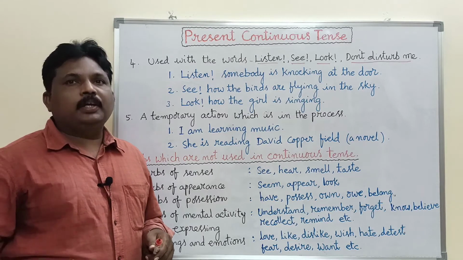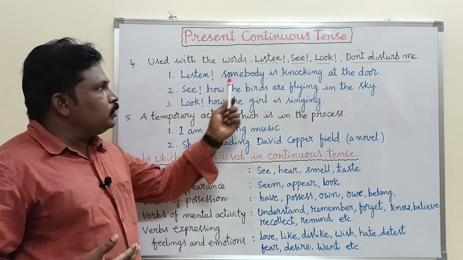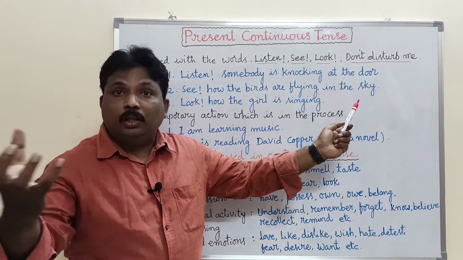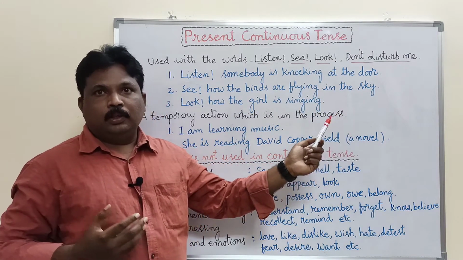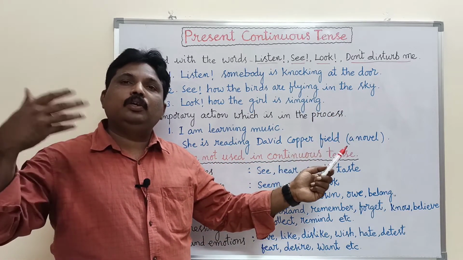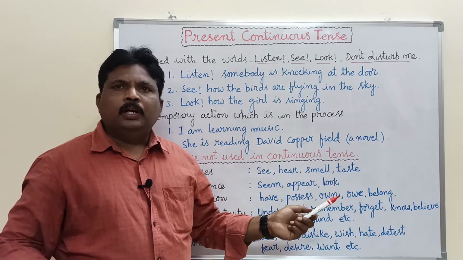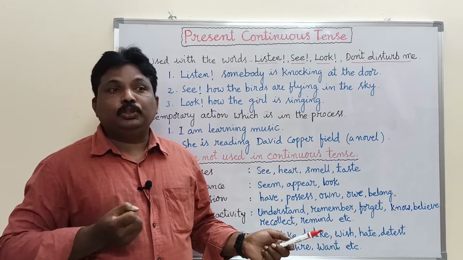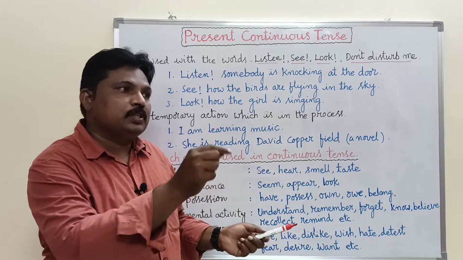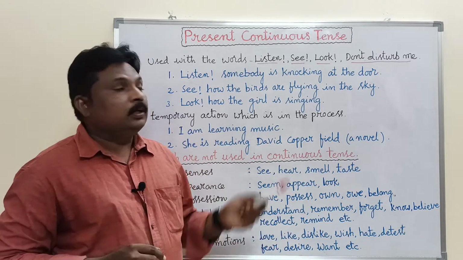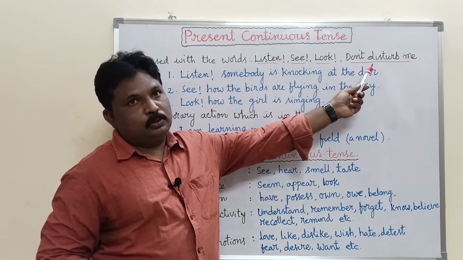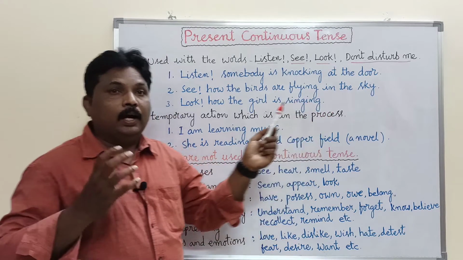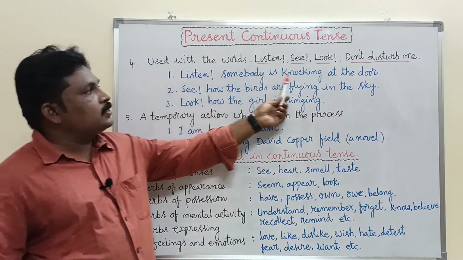While we are talking, we use these words just in order to draw the attention of others. Others may be in their job or in their work. At that time, in order to draw their attention towards some action which is happening around us, these are the words used. Just by using these words, we can draw their attention and we can say the second sentence.